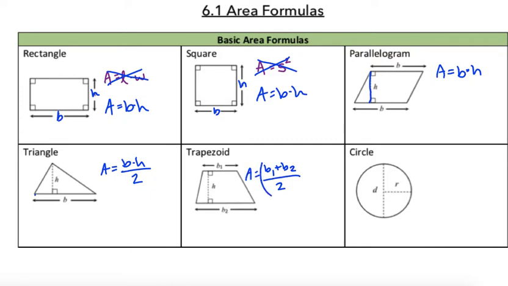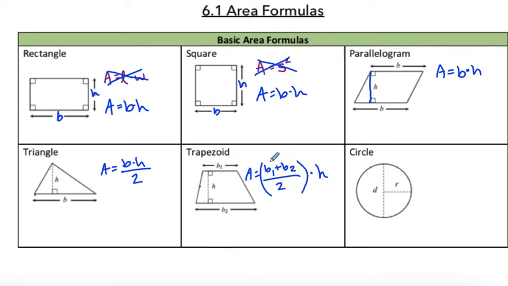This will find the average base so that it'll measure here instead. We don't want to use base 1 because that would be too small of an area. Base 2 would be too much of an area, so we average the two to find the middle. That's just right. The height then is multiplied to get the area.